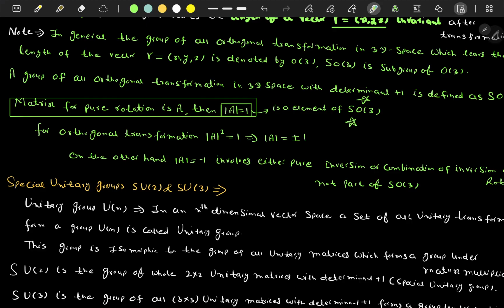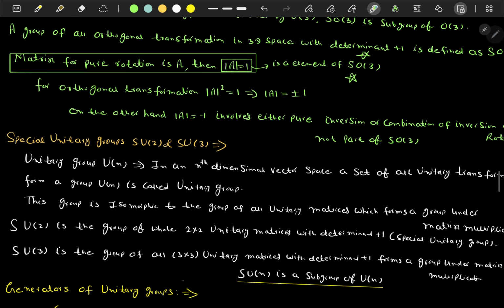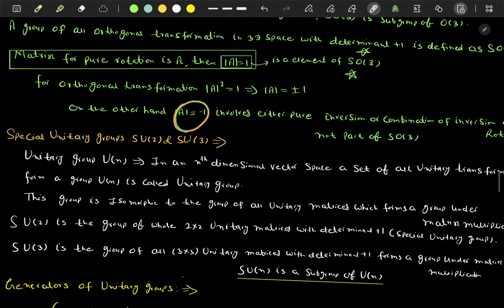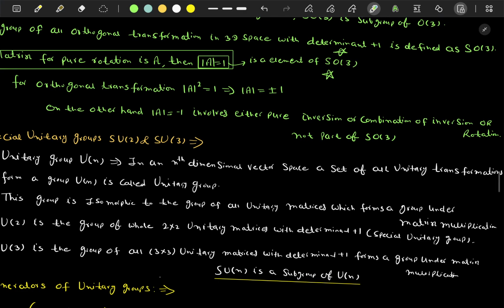Now again, suppose we have an orthogonal transformation A, and mod of determinant of A squared equals 1, so determinant of A is plus minus 1. So if the determinant of A is 1, then it is a pure rotational group and it is an element of SO3, a special orthogonal group of order 3. If the determinant is minus 1, then it is either pure inversion or a combination of inversion plus rotation.